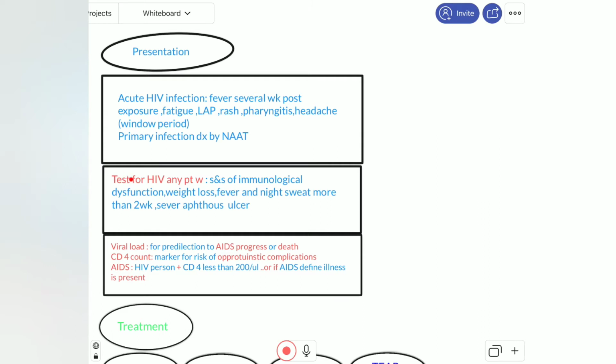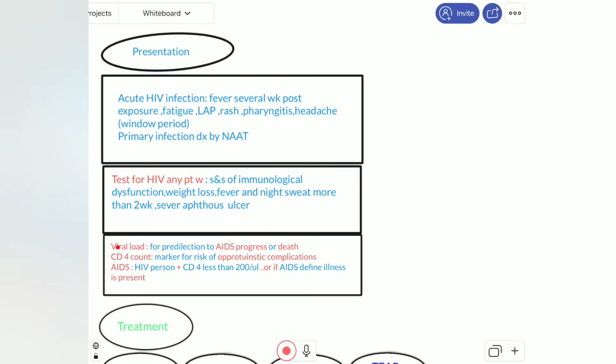Important note: test all patients with the following signs and symptoms of immunological dysfunction: weight loss, fever, night sweats for more than 2 weeks, severe aphthous ulcer. These are signs of immunological dysfunction.